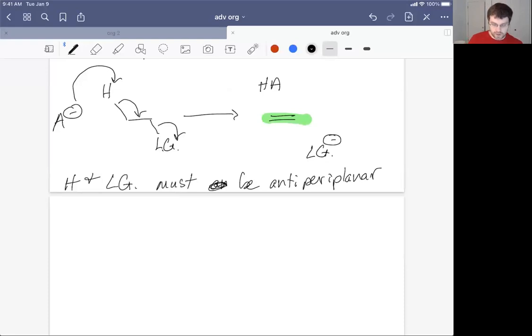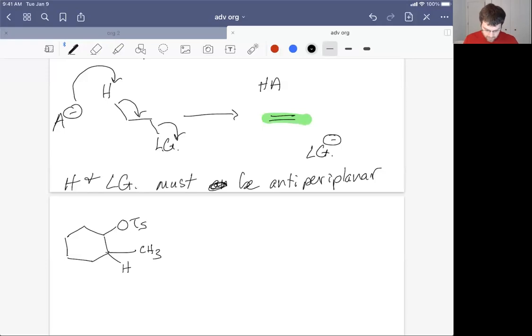So if we want to think about some experiments, let's say that we have some leaving group, OTS, next to some hydrogen, but that hydrogen is on a cyclohexane ring that also has a CH3.